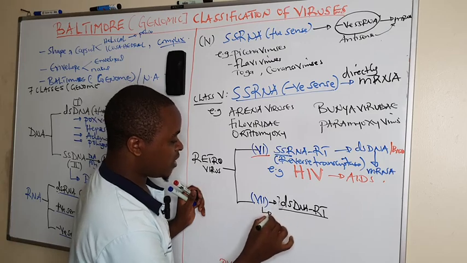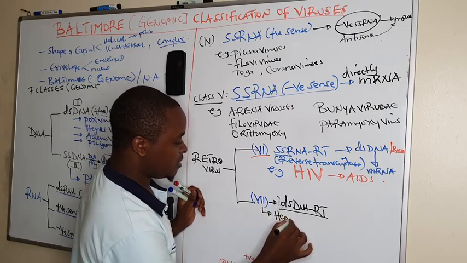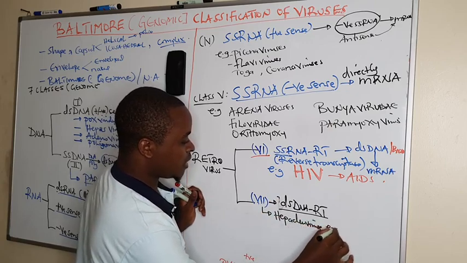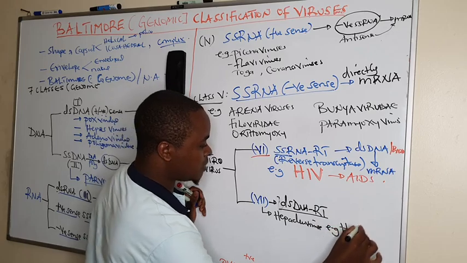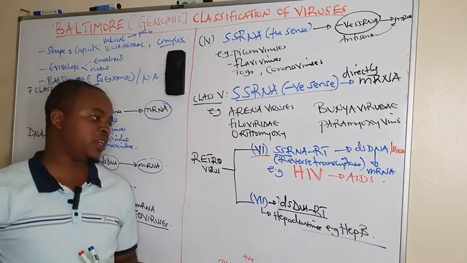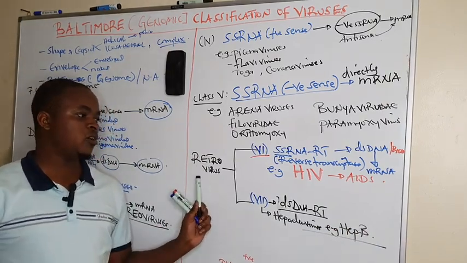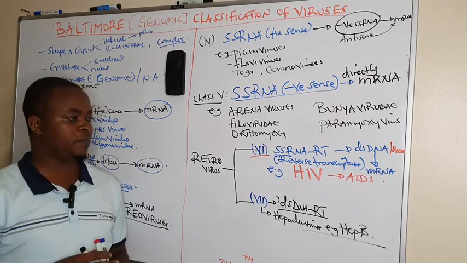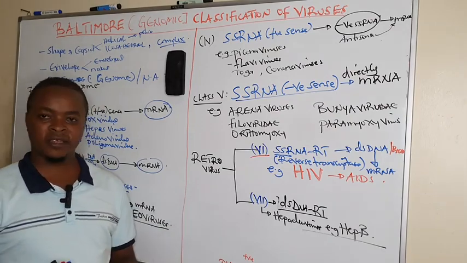And an example here, we find hepadnavirus, whereby a peculiar example is hepatitis B. So hepatitis B belongs to class 7, which is of retroviruses, which utilizes reverse transcriptase enzyme to manufacture their messenger RNA.